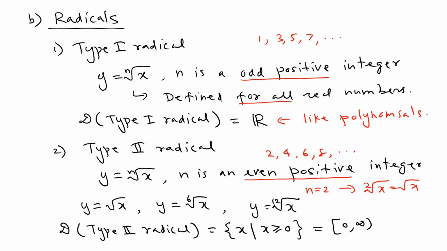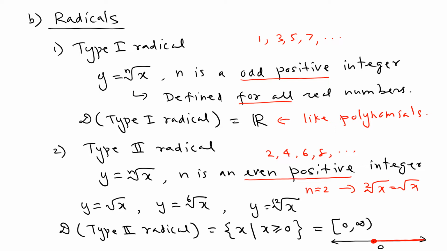And if you draw the line, it starts with 0 and goes to the right. So this is 0. Those are the three ways to write the domain for type 2 radicals.